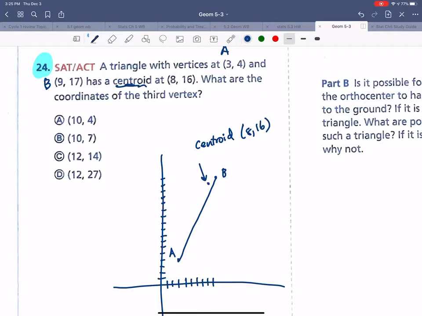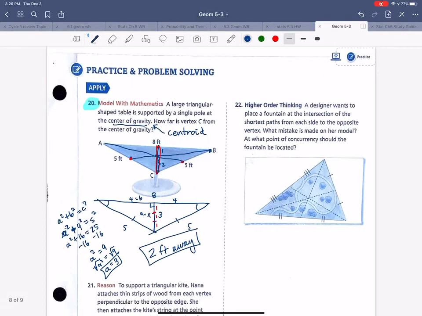So, what are the coordinates of the third vertex? This is a thinker. So let's think back on our picture here. If we have a centroid, from the centroid, if I trace to any point, it's 2 equal lengths away.